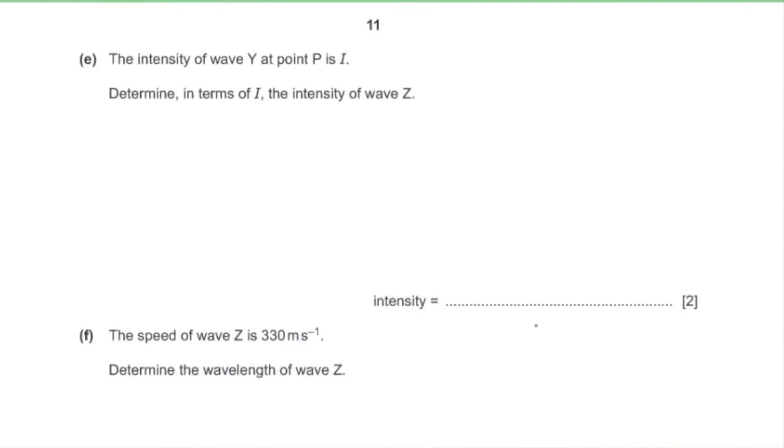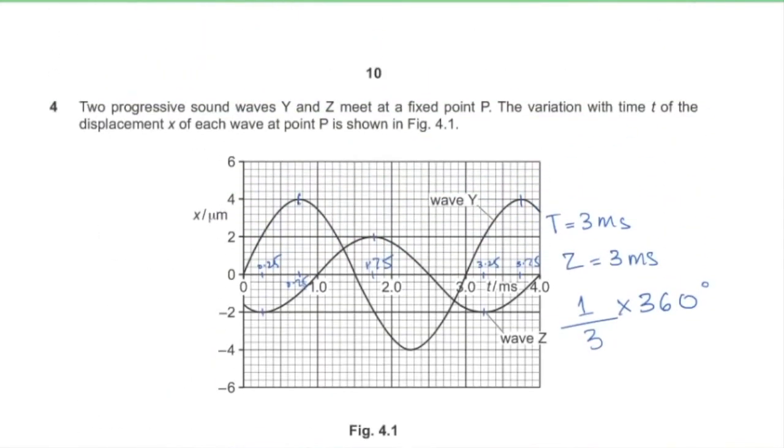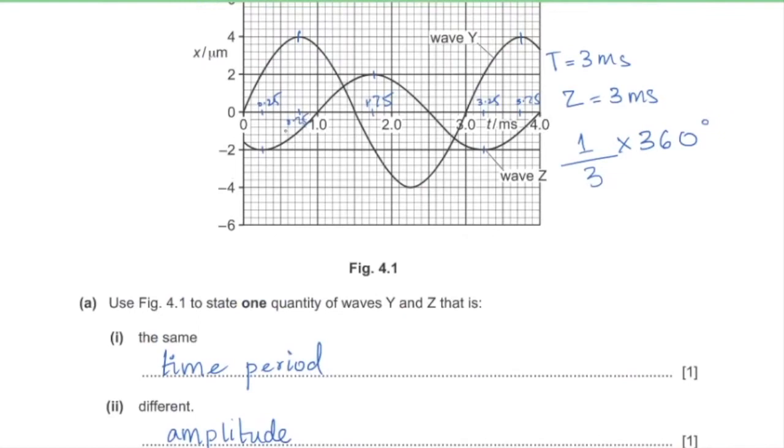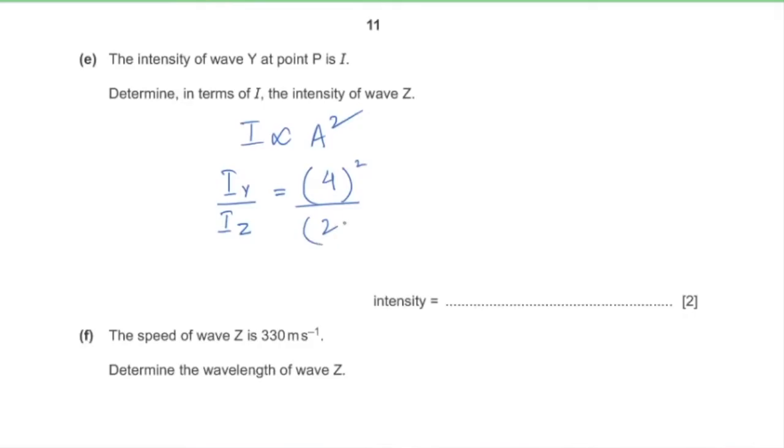Part E, the intensity of wave Y at point P is I. Determine in terms of I the intensity of wave Z. So intensity is directly proportional to the square of the amplitude of that wave. Intensity of Y divided by intensity of Z is going to be equal to amplitude of Y, which is 4 micrometers, divided by amplitude of Z, which is 2 micrometers, squared.